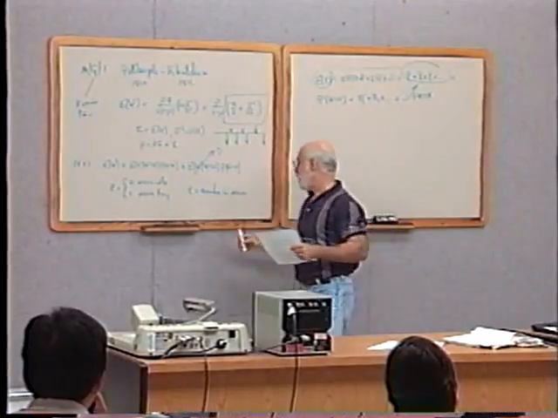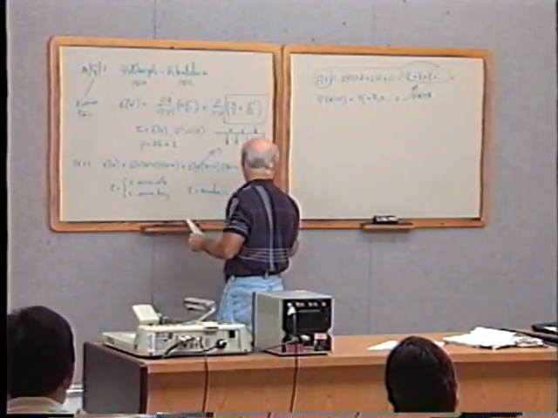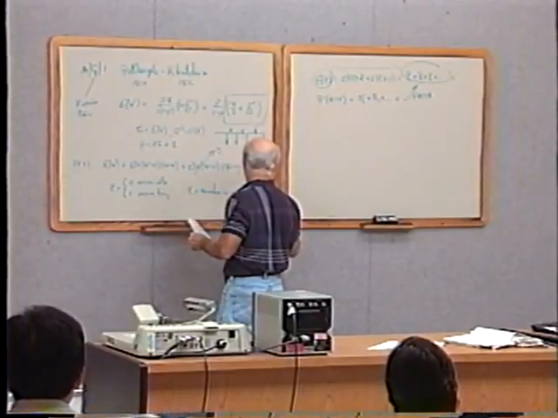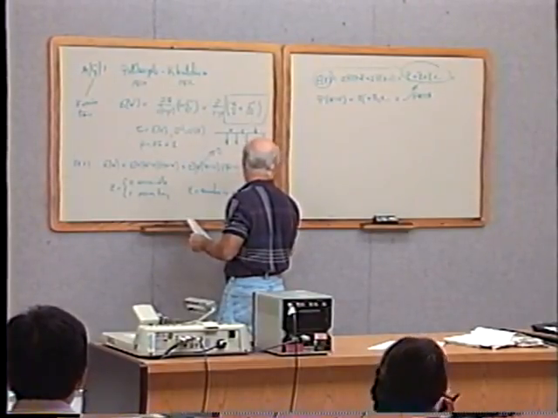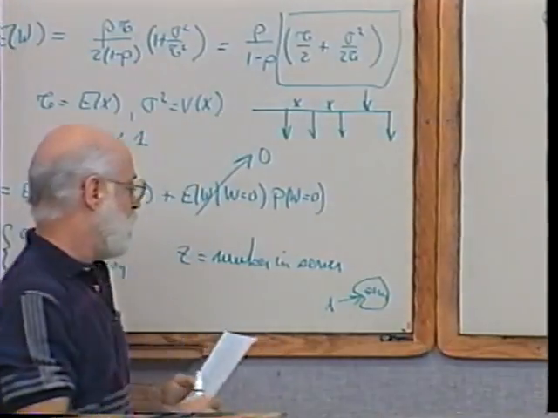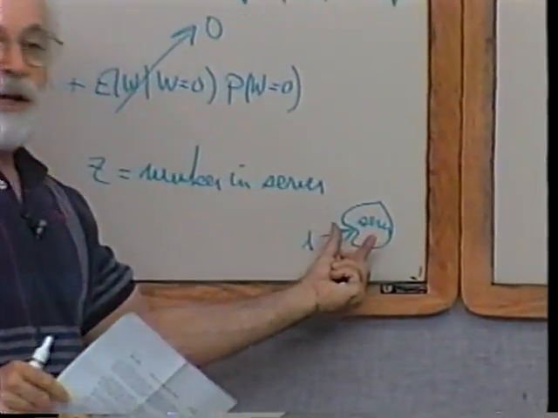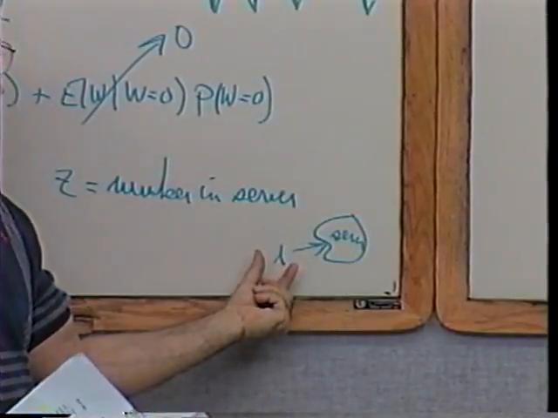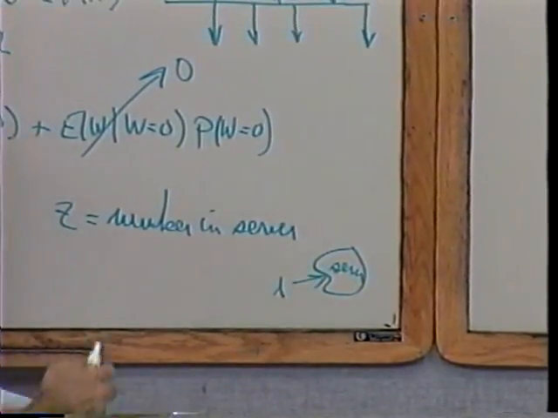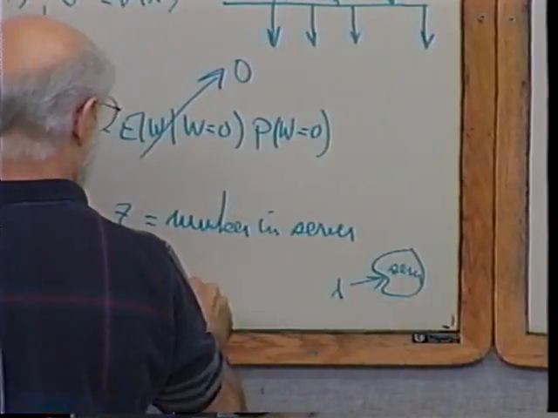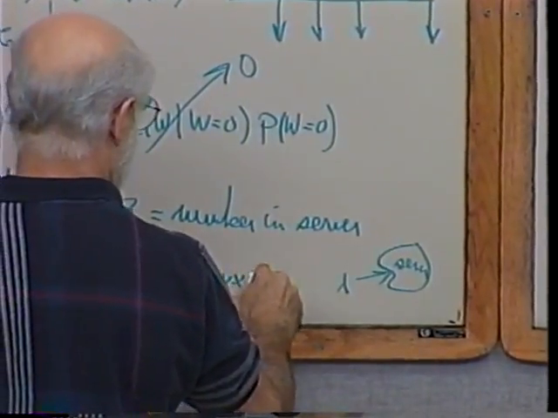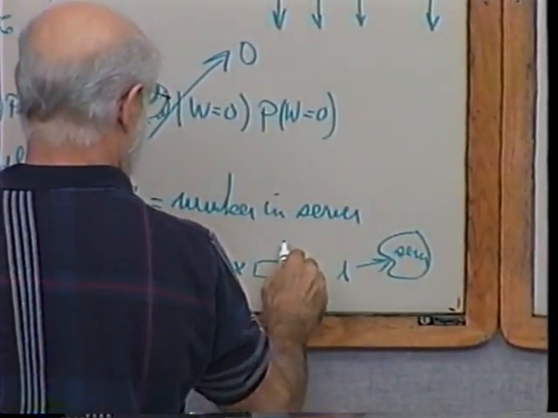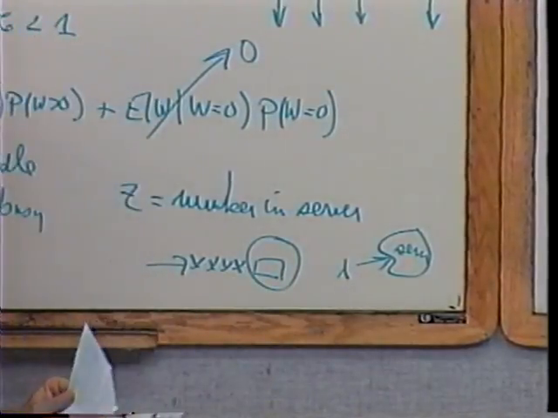So I have a system now which consists of the server, and I have customers arriving and entering the server at rate lambda. Now, they don't necessarily enter the server immediately at rate lambda because sometimes when they arrive they have to wait in a queue. But nevertheless, if I look at the picture, I have customers arriving, queuing up, and then I have the server. So I'm going to define my system as being the server.